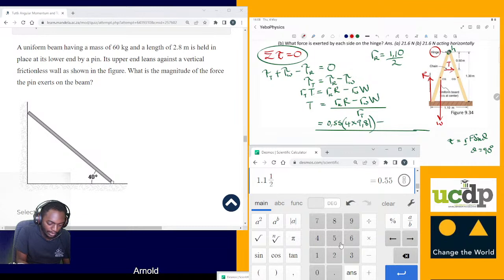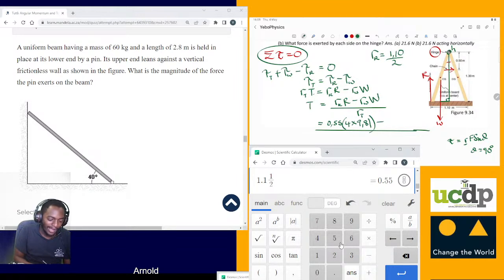So here is our weight, and the perpendicular distance to the pivot. We are now starting from this point to that point.